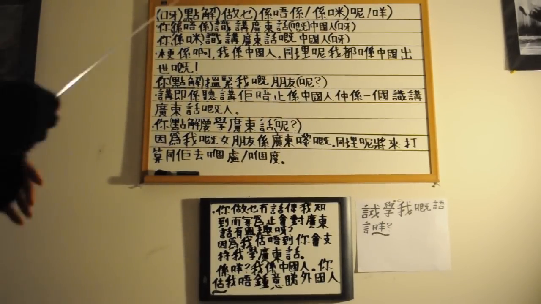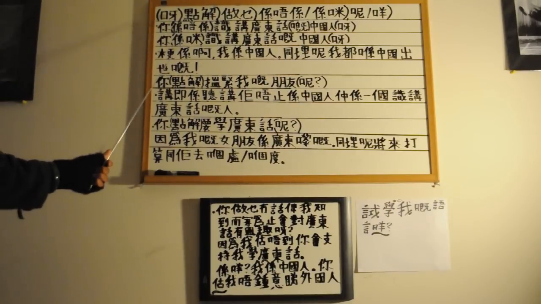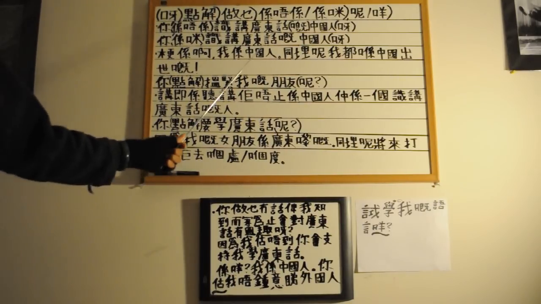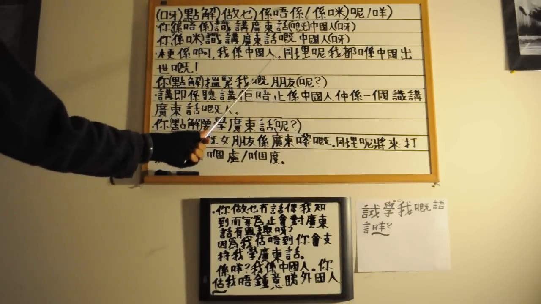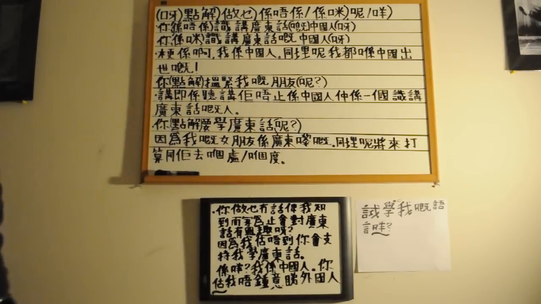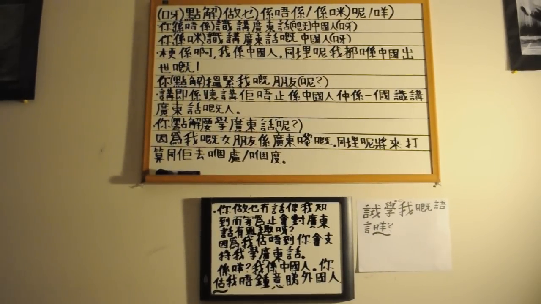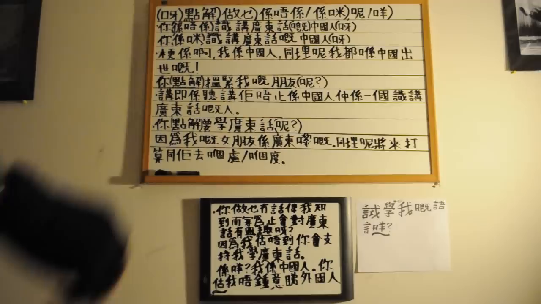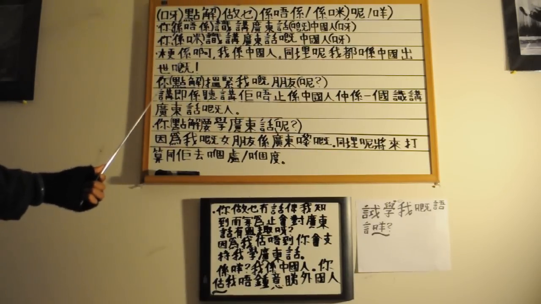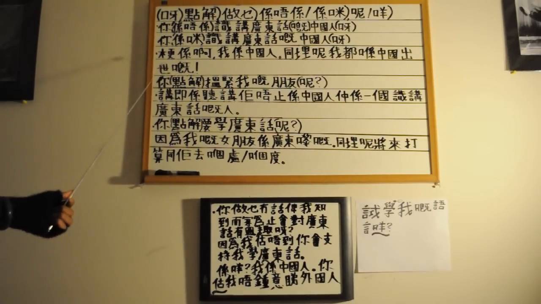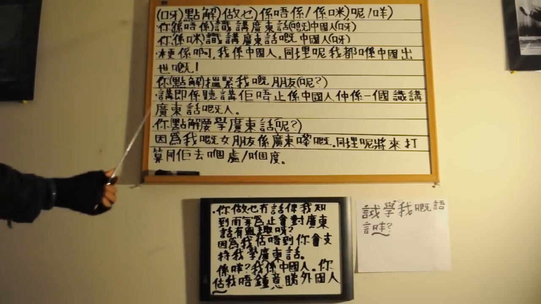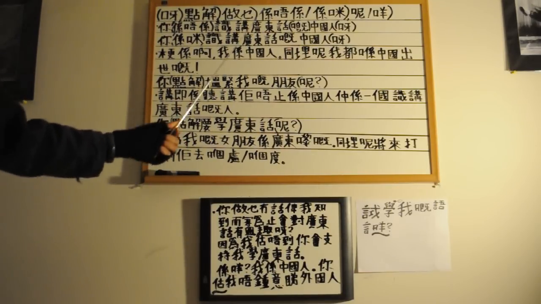Okay, so hopefully that sentence was clear. You have your hai for yes or no, and then your ge for possession, and then a part of the question. Here's the second one. It's similar to that, but I just used the hai mai.